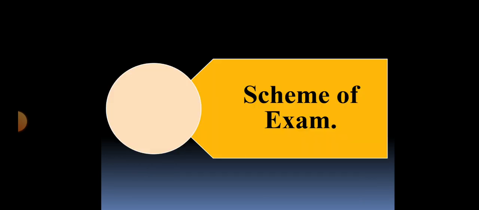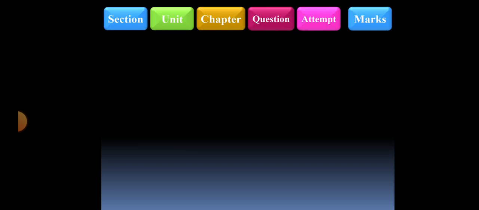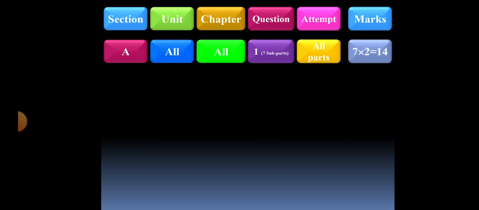Let's talk about the scheme of examination. First section is your A section, and it is compulsory, and it is constituted of 7 parts, and it is question number 1, and all questions are asked from all chapters.